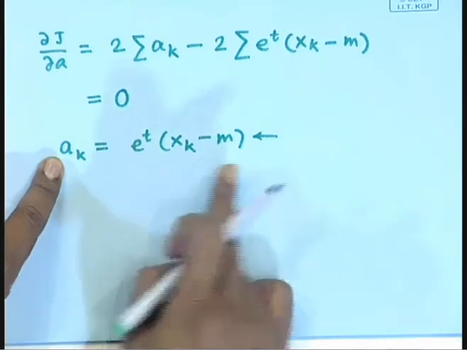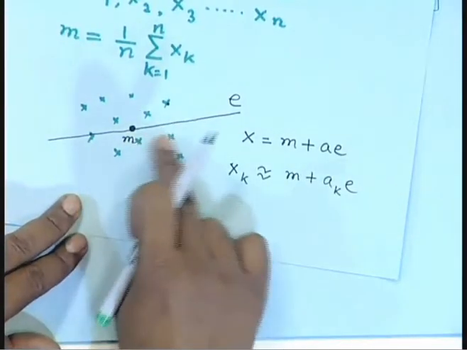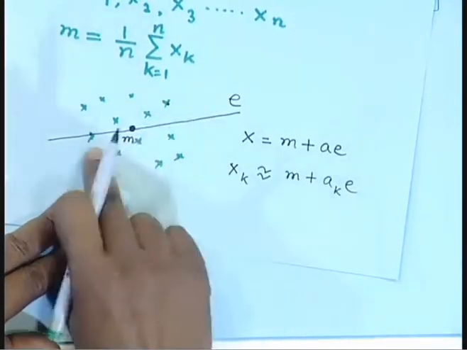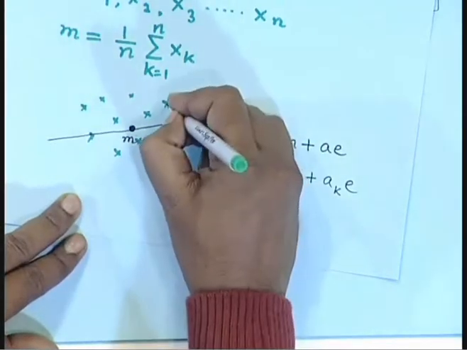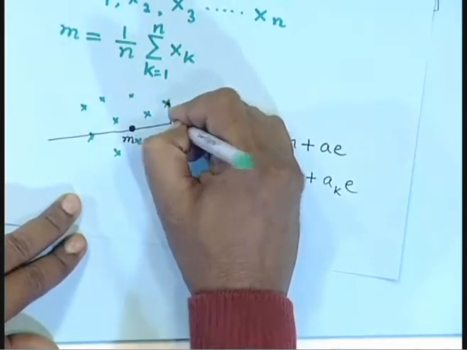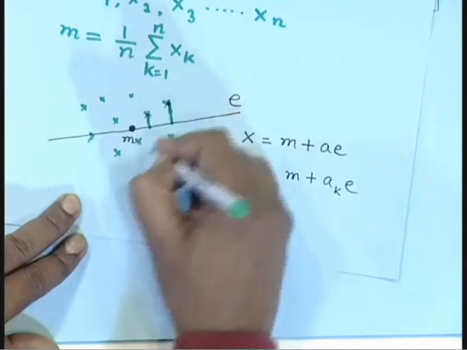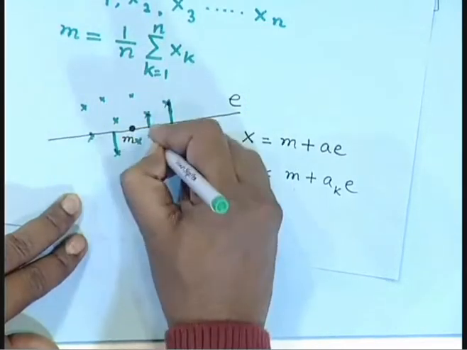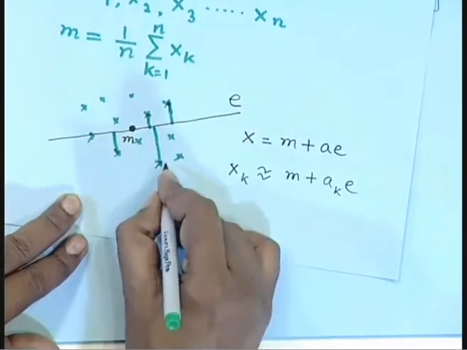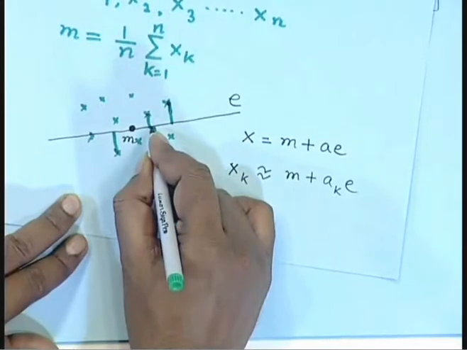So, simply what we get is, when I have these sets of points, this a k represents these projected points onto this line, and how do I compute this? This is nothing but projections of different x k's onto this line, okay.